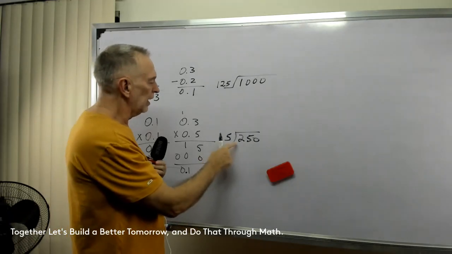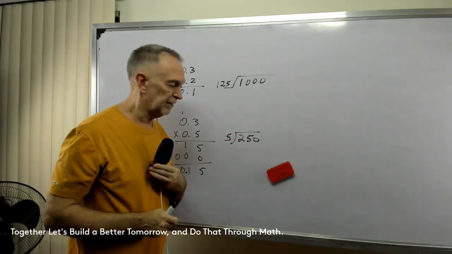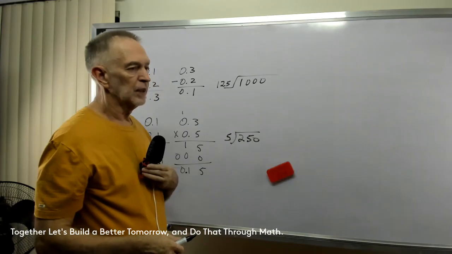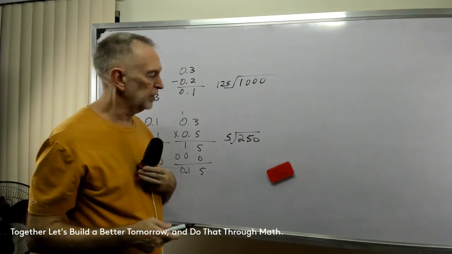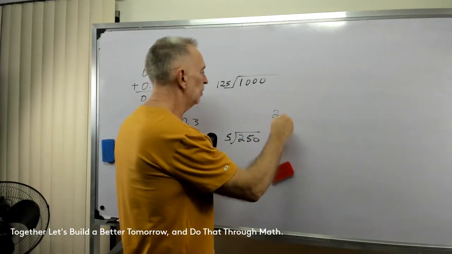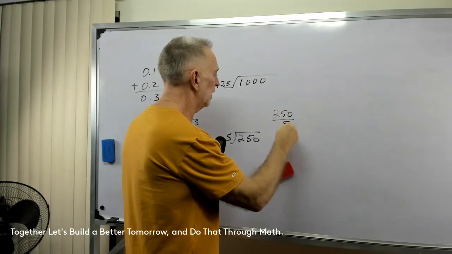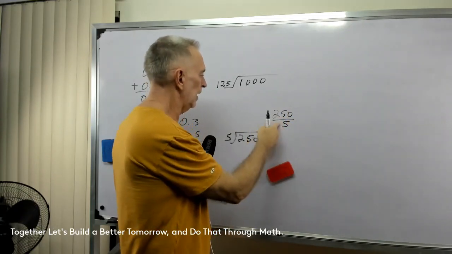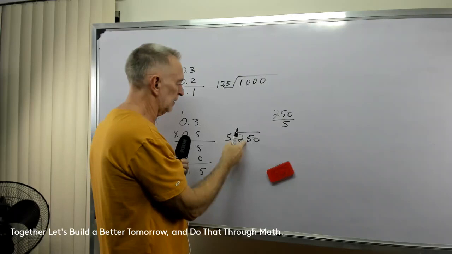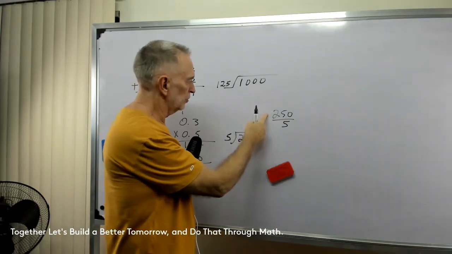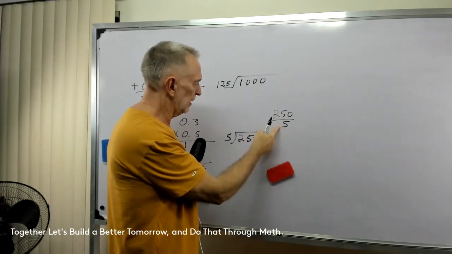Okay, if we had 250 divided by 5. Now this was a problem with some people. If I have 250 over 5, that means the exact same thing as 250 divided by 5.